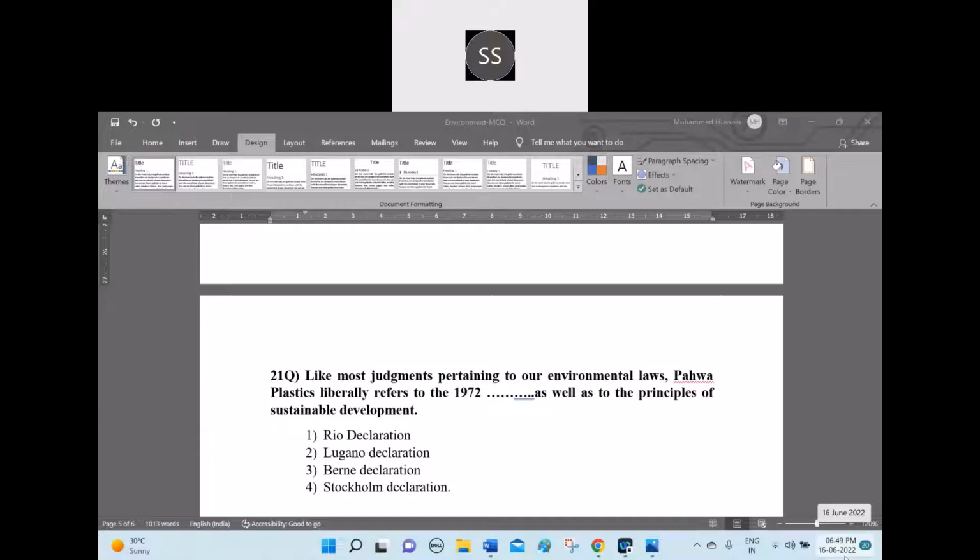Which one is the correct one? Stockholm Declaration, sir?